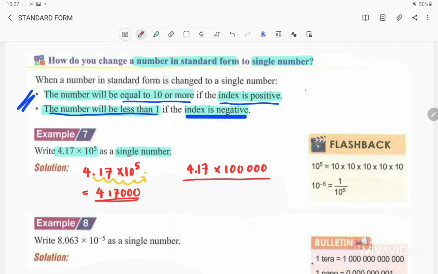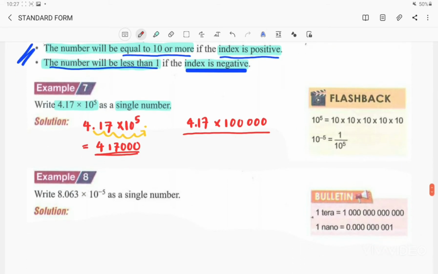Okay, in example 8, okey, sekarang ni indeksnya adalah negatif. 8.063 times 10 power of negative 5. Okey, yang ini kita akan shift decimal point sebanyak 5 kali, tapi kita akan shift ke kiri sebanyak 5 kali.